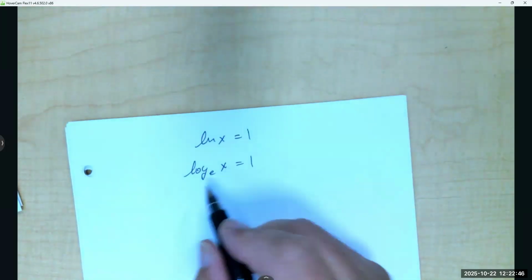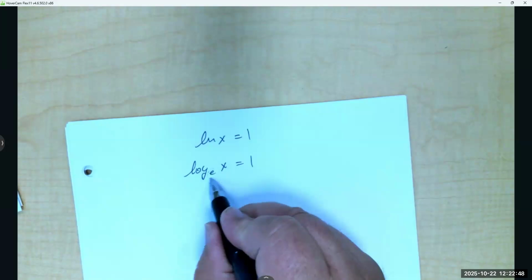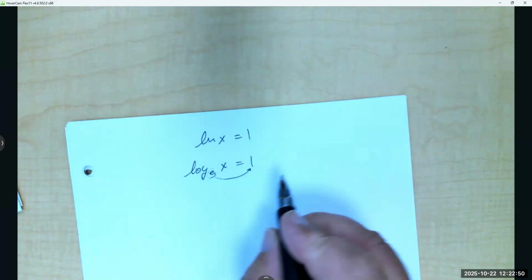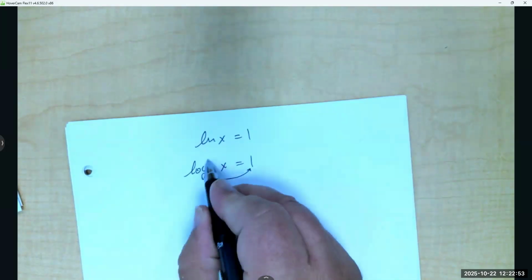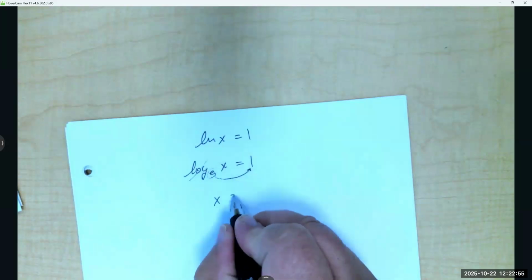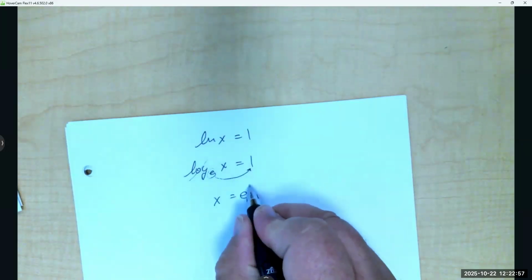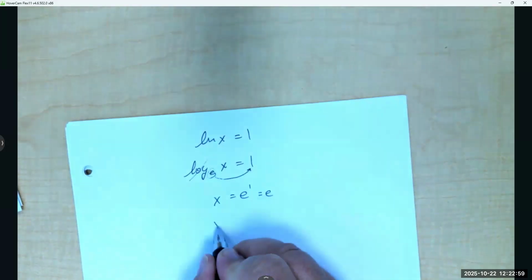The conversion from logarithmic to exponentials, take the base, push it there, so this log falls off, so x is equal to e to the power 1, which is just e.